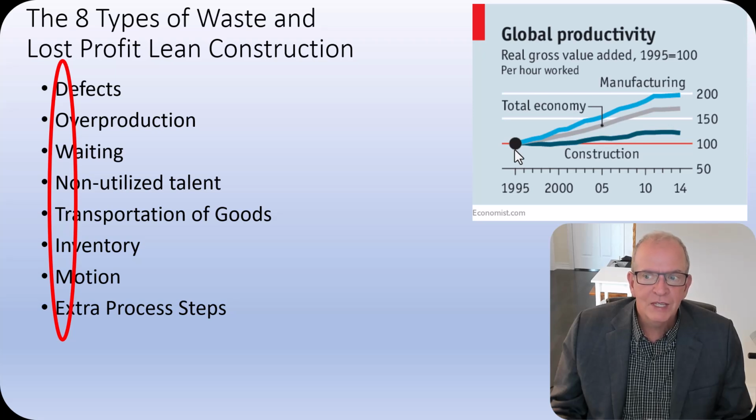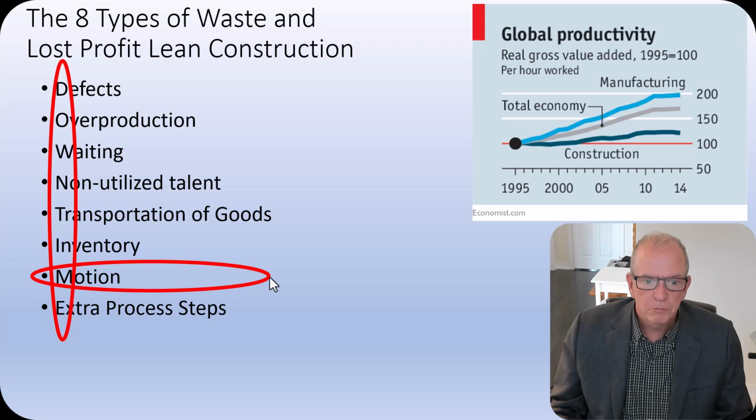Whereas the rest of the industry has been improving at very often 2 to 3% or more if you talk about agriculture. All right, so we're kind of a laggard in the improvement on productivity. And there's a lot of reasons for that, right? We're highly fragmented, we're project-based, but we do have a lot of opportunities to continue to improve at a much better pace than we have in the past.